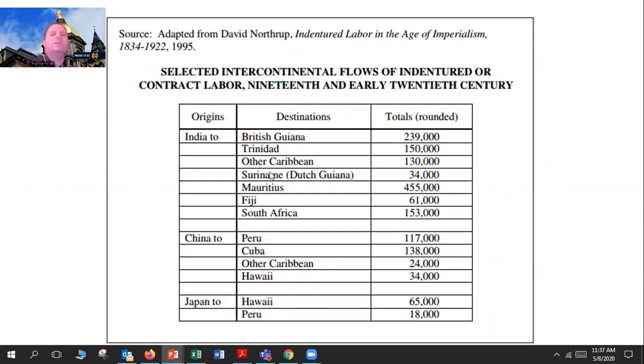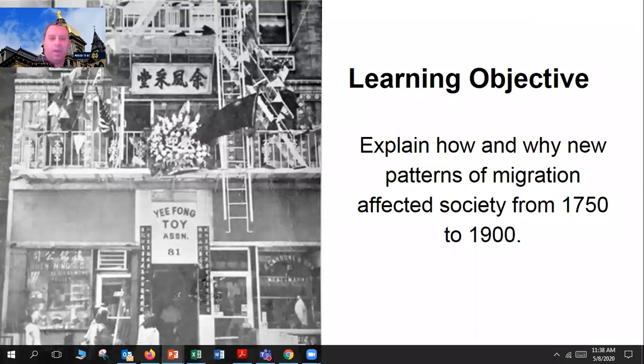So you can see that Indian and Chinese migrants are sort of taking the place of the former African slaves. And so if this is something that comes up as a topic, or something that you're having to write about, this is absolutely something that you could identify as a change that has happened. You are seeing the labor source shift away from African slaves into Chinese and Indian indentured servants. That is certainly a change that you could write about.